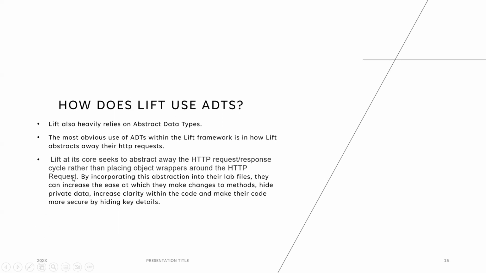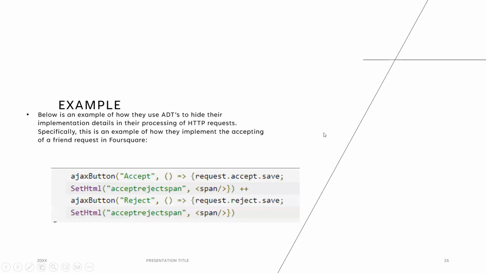And so I lifted a little excerpt from their site. Lift at its core seeks to abstract the HTTP request response cycle rather than placing object wrappers around the HTTP requests. By incorporating this abstraction, they can increase the ease at which they make changes to methods, hide private data, increase clarity within the code, and make their code more secure by hiding key details.